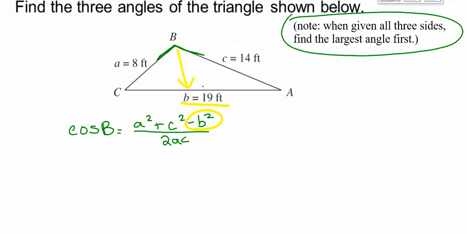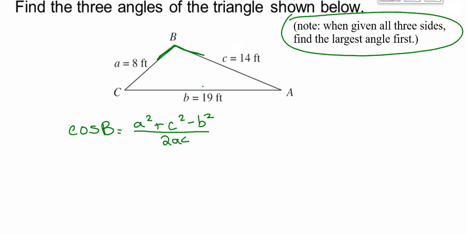I keep that in my head, and then the 2 sides that make that angle, I use at the beginning, A squared plus C squared, and then in the denominator as A times C. Just some little hints as we go, because we should be able to apply this to any picture.